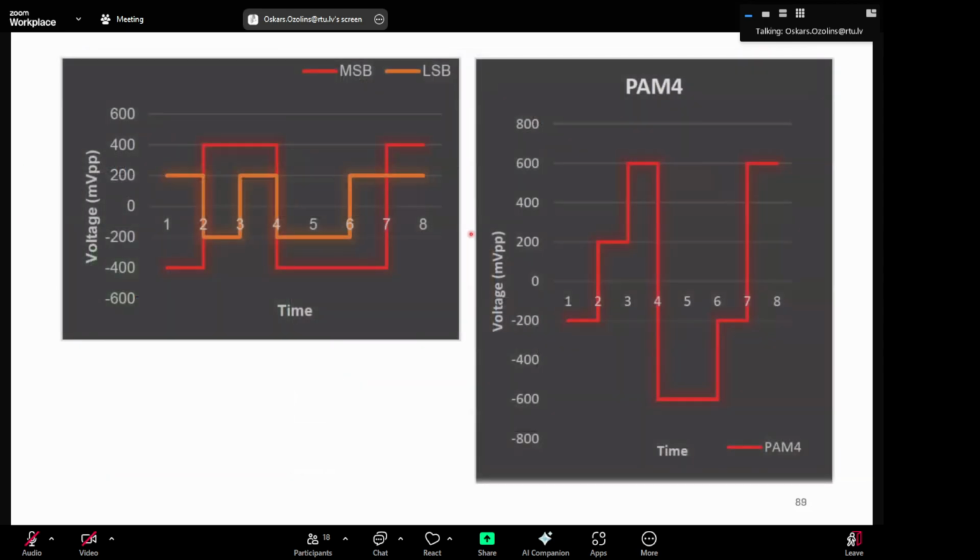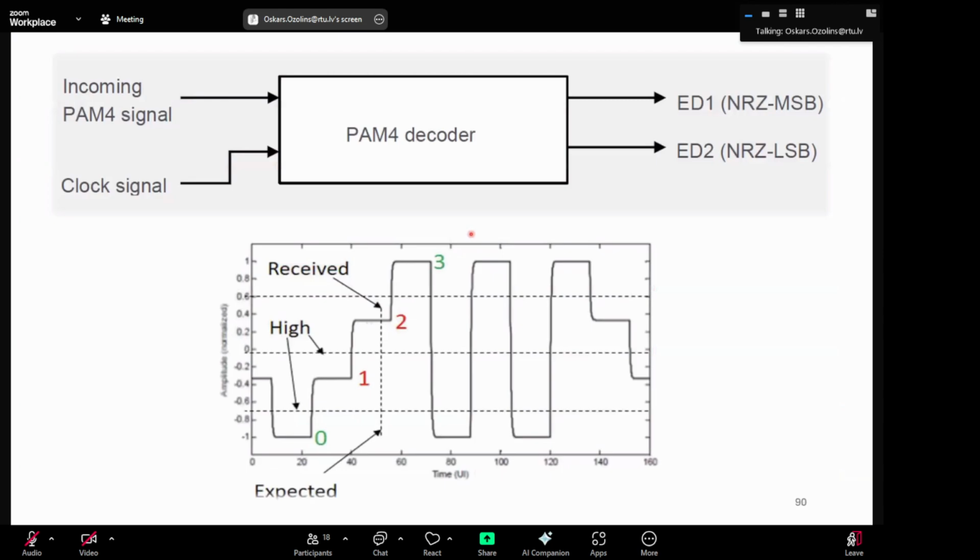Right. So then the other thing is how do you receive these PAM4 signals? Here is just an example of how you would do it. You need to use a PAM decoder.